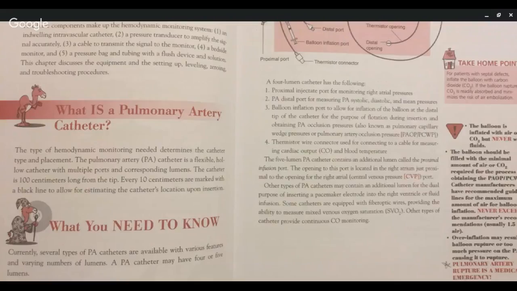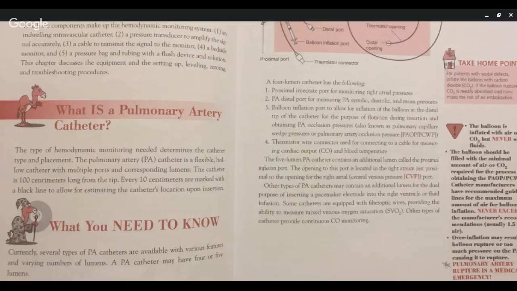A 4-lumen catheter also has a thermistor wire connector used for connecting to a cable for measuring cardiac output and blood temperature. The 5-lumen PA catheter contains an additional lumen called the proximal infusion port.